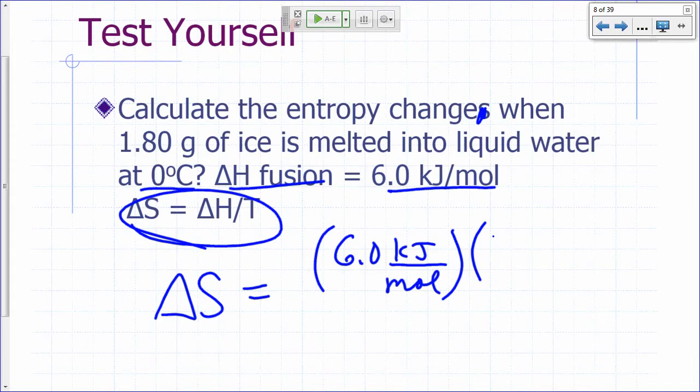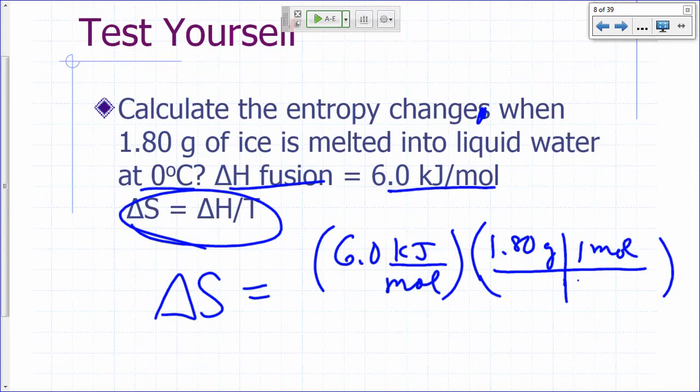Can we figure out how many moles we have from the mass? 1.80 grams of ice, that's grams of water. How do you change that to moles? 1 mole of water is how many grams? Molar mass, 18.02 grams. But since we know the mass, we change mass to moles.